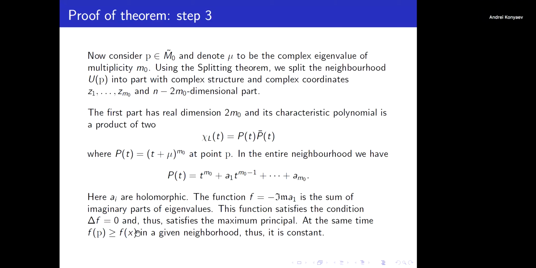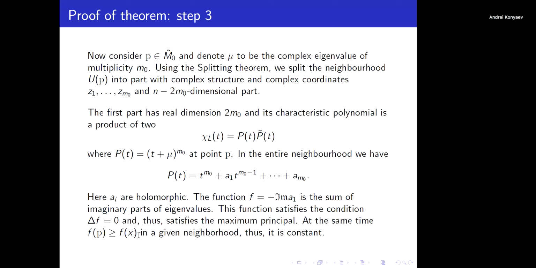At the same time, the value of the function at the point, of this imaginary part, is maximum. Why? Because we know that the eigenvalues might change, which means that their imaginary parts might differ. But maybe the multiplicity drops and the multiplicity of another eigenvalue grows and so on.